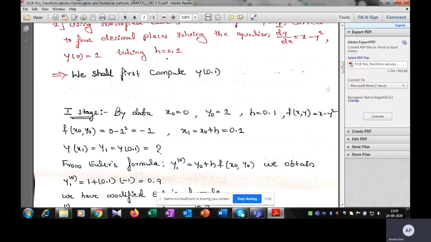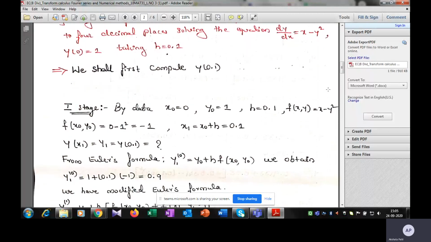So in the solution, let us write by the data: x naught is 0, y naught is 1, and h is 0.1. Okay, so first we need to calculate f of x naught comma y naught, by using the given differential equation. So f of x naught comma y naught equals, the given differential equation is x minus y square.